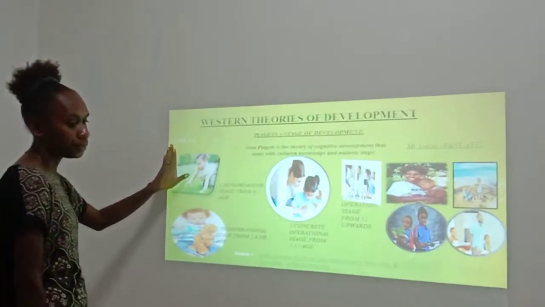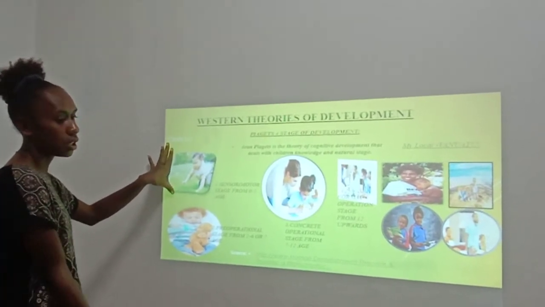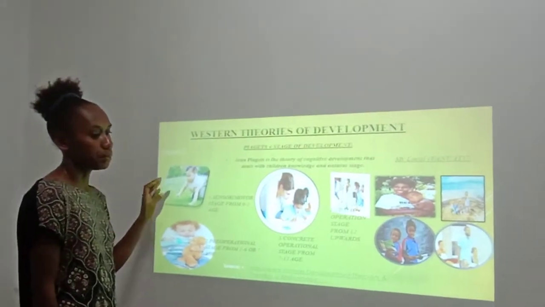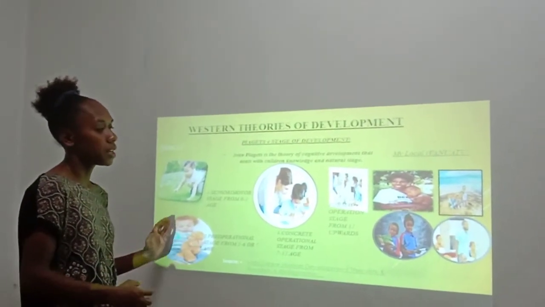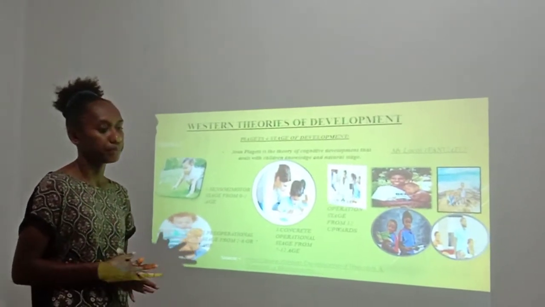Figure 1.1 shows Piaget's psychological theory that proposes 4 stages of development with a record underneath.